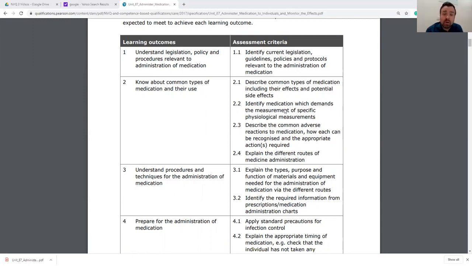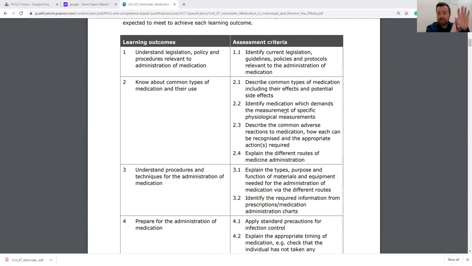Number 2 wants to know about the common types of medication. So, 2.1 describes common types of medication, including their effect and potential side effects. So let's just look at some of them which you could do. Now, for this, it would be useful for you to have a table. So you could have a table for pain medication, for example.